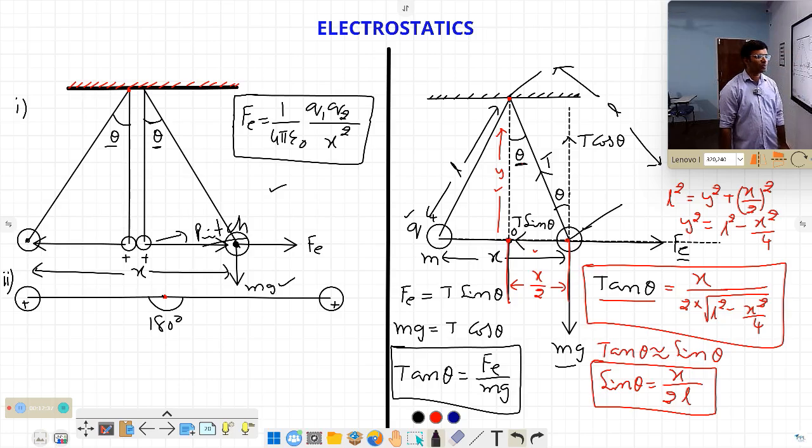So theta is equal to simply x by 2L also, because sin theta and tan theta are almost equal to theta. So this is one of the relations we can write here.